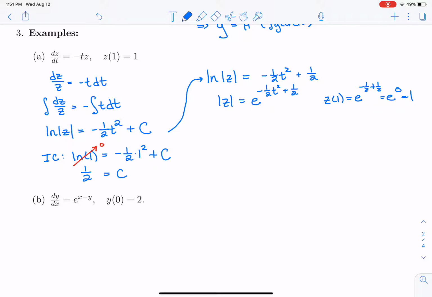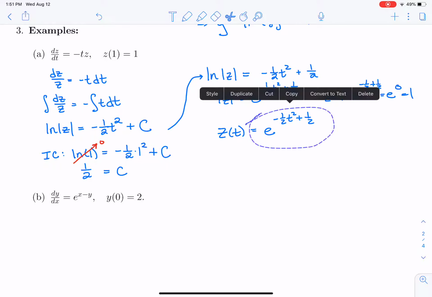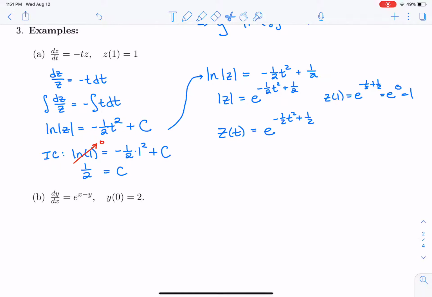Okay, so it could have been that z of t was plus or minus e to the minus 1/2 t squared plus 1/2. But to match the initial condition, I now know it must be the positive one. And so now we've solved this differential equation using separation of variables.